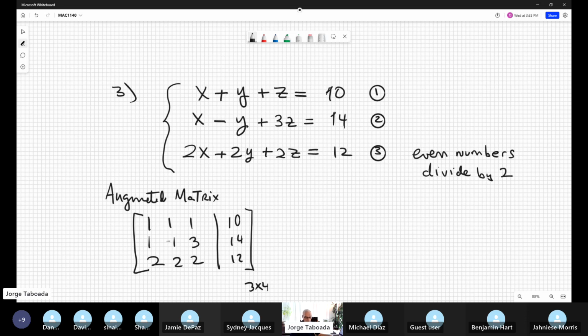The number of rows always coincides with the number of equations, and the number of columns is the same plus 1, because you include the column B inside the augmented matrix. Now we are ready to apply the famous reduced row echelon form.